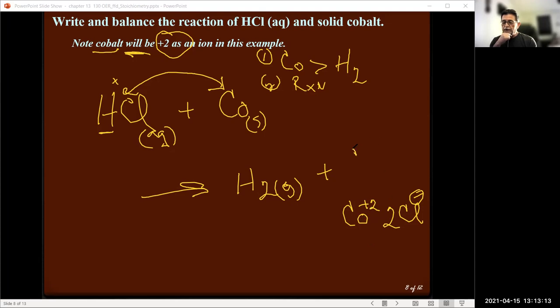Therefore, the formula will be CoCl2. And furthermore, we go to the solubility rules, and you'll see that the chlorides are soluble. It will be number 4 in the solubility rule table, where the halogens are. This chloride is soluble, so therefore we can put aq.